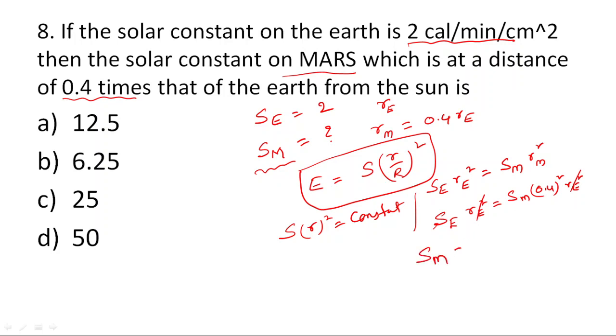So Sm, the solar constant of Mars, is equal to Se by 0.4 whole square, so 2 by 0.16, 200 by 16, which can be written as 12.5. So in the options, 12.5 is option A. So option A is the correct answer. The solar constant on Mars is 12.5.